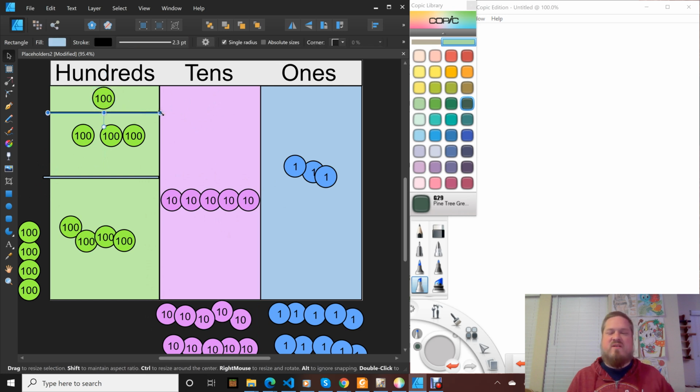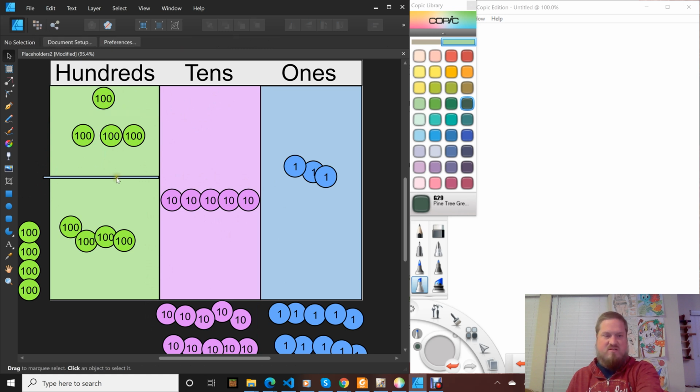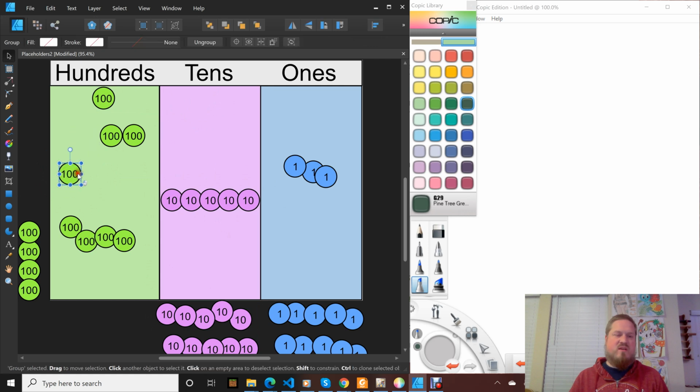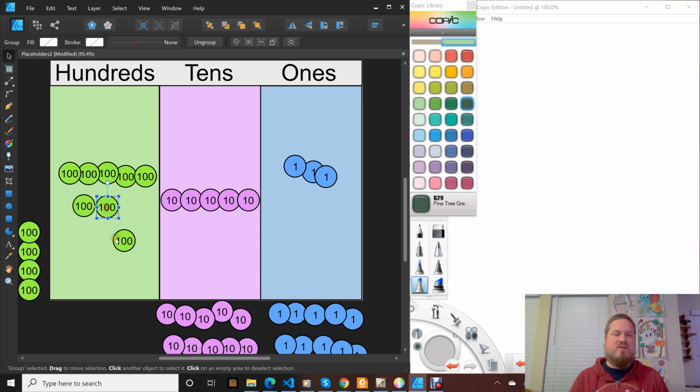Now we can get rid of these little extra lines and add these all up together. Got 1, 2, 3, 4, 5, 6, 7, 8. 8 hundreds, 5 tens, and 3 ones.